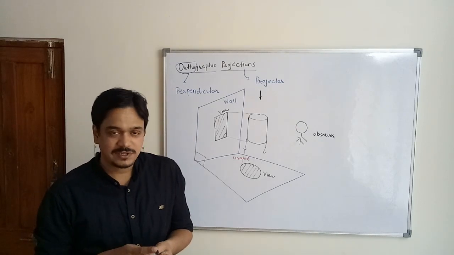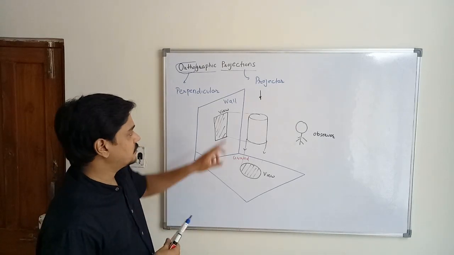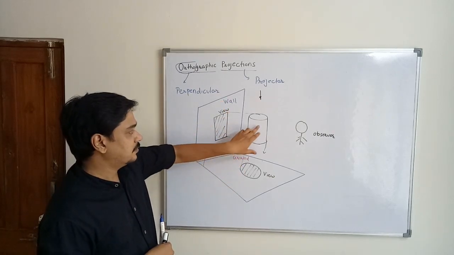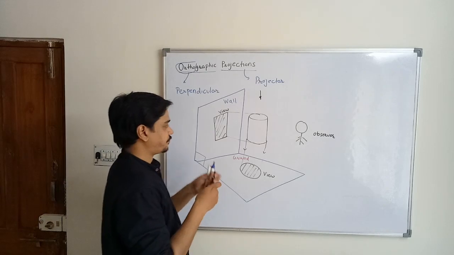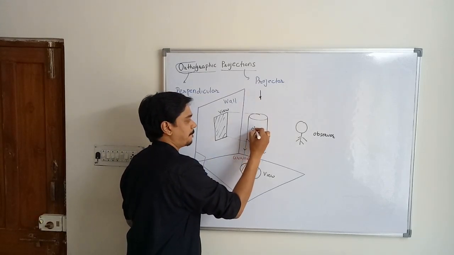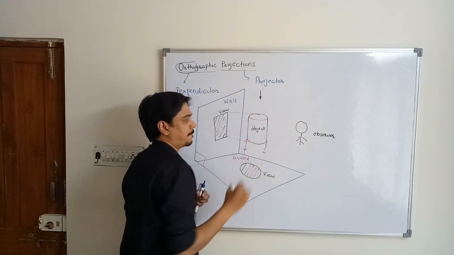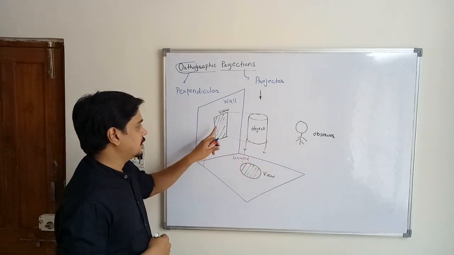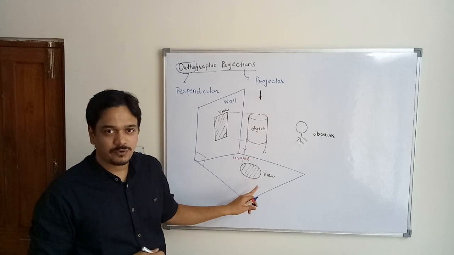So till now we have seen various terms. One is wall surface, other is ground, then this one is object, and this is the observer, then this is a view, this is second view.